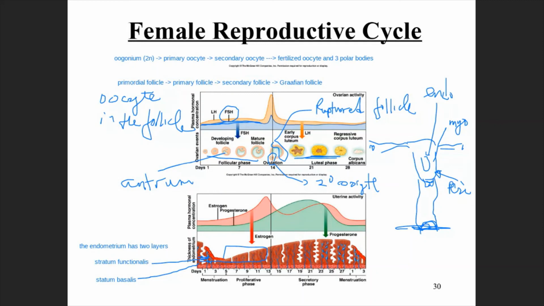So you can see that in this area, under progesterone influence, there's a lot of secretion. If you look at the number of cells here and here, it's the same number of cells. However, the endometrium here looks thicker because there's secretion in there. There's fluid.